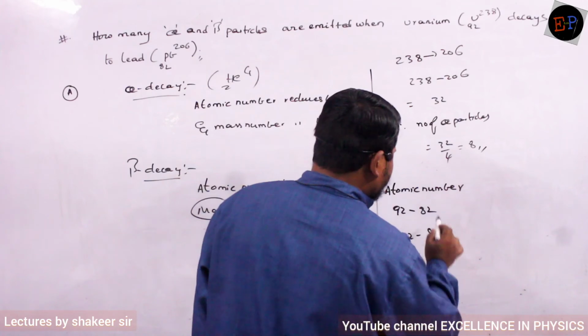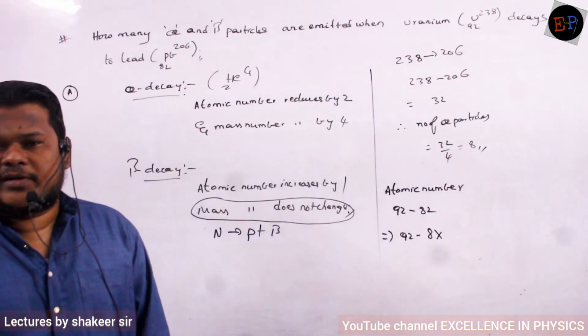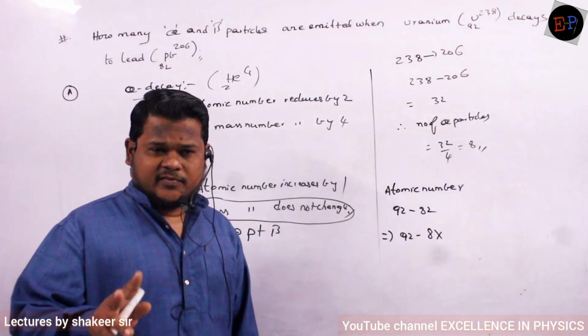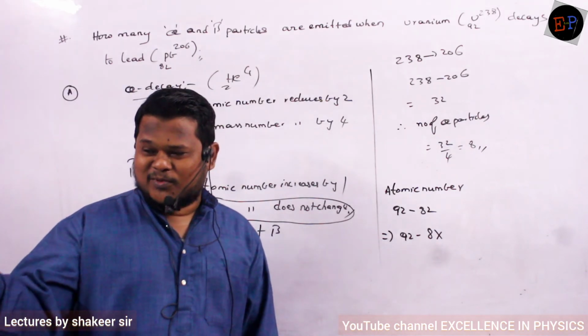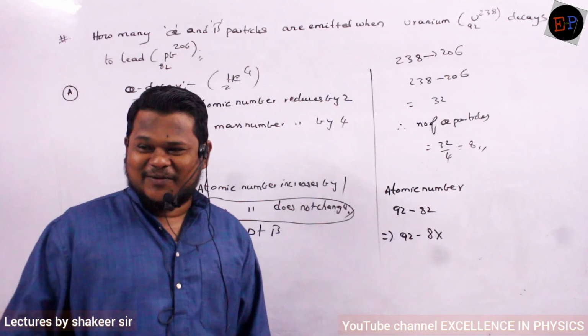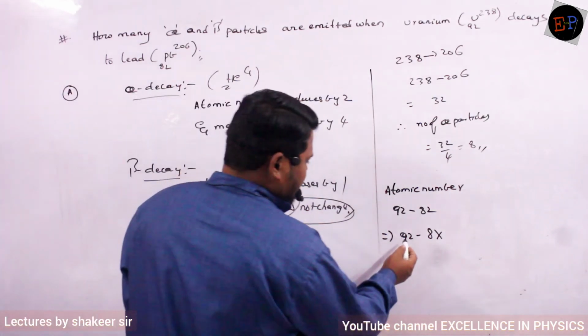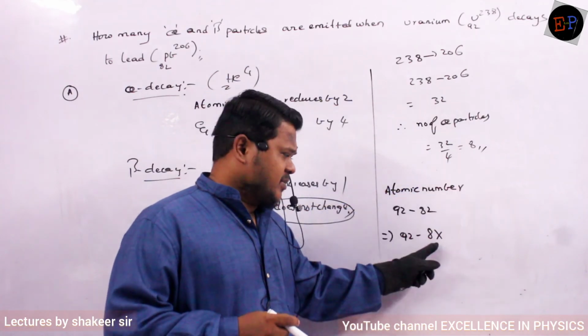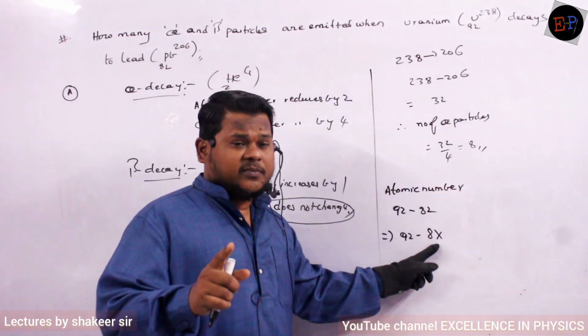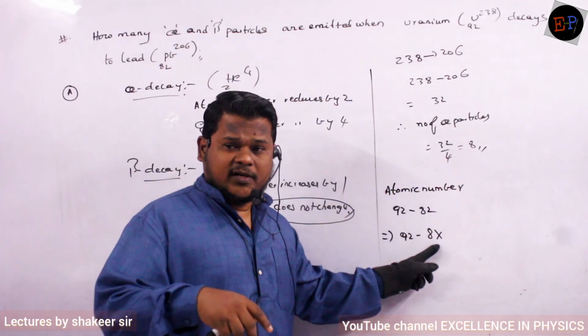with each alpha particle, proton number has reduced by 2, no? Listen very carefully. So 92 minus how many alpha particles are released? 8 alpha particles. And with each alpha particle, proton number reduces by how much? 2.